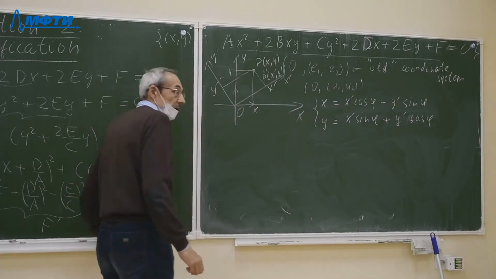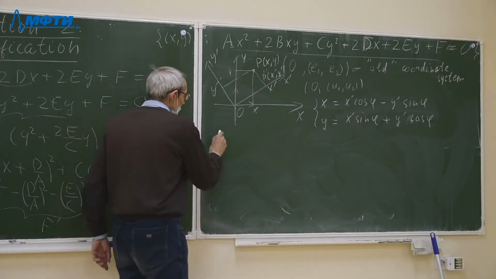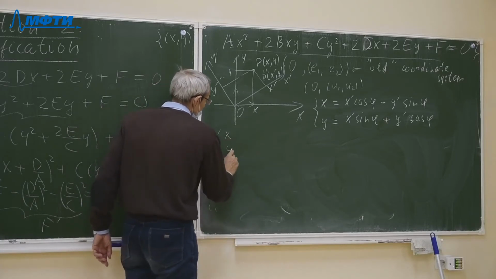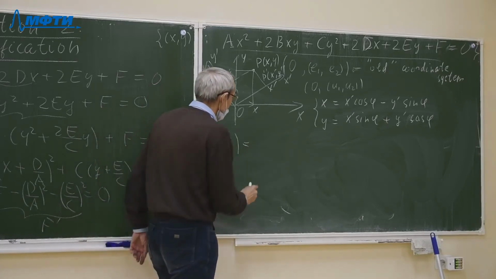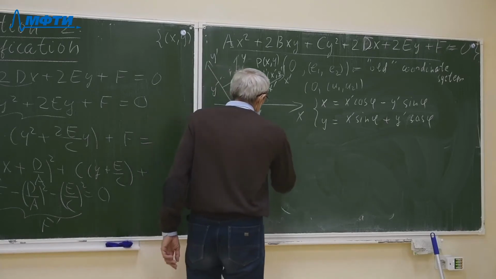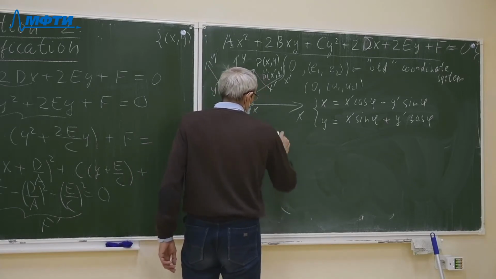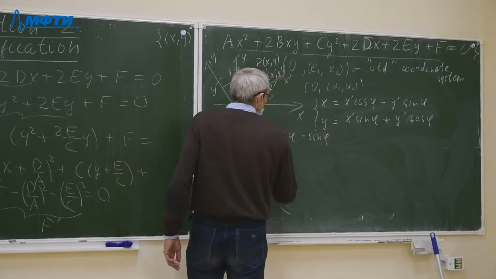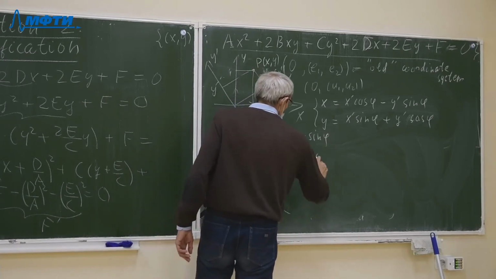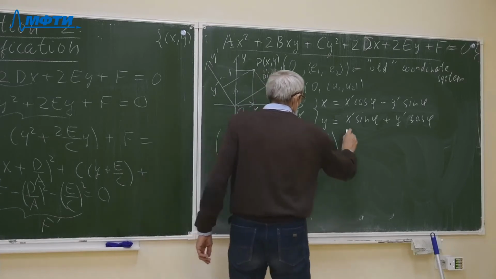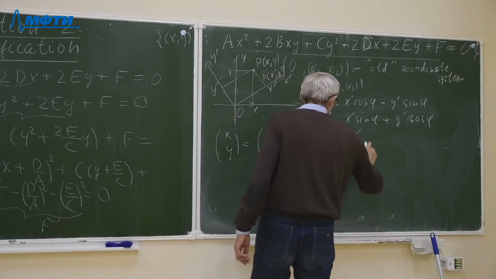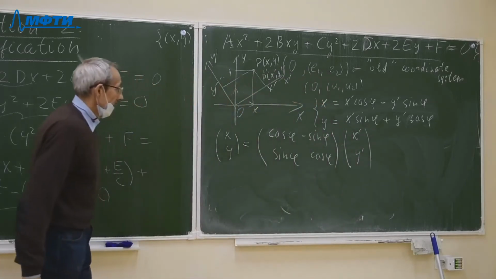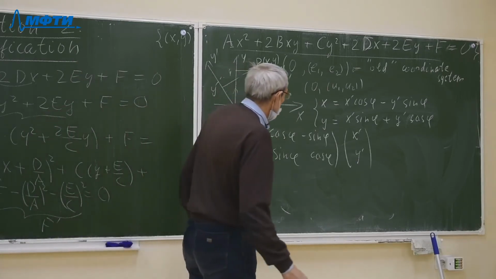And using the matrix notation, we can rewrite these equalities in the following form. We can use the matrix of rotation, cosine phi, minus sine phi, sine phi, cosine phi, times x prime, y prime.